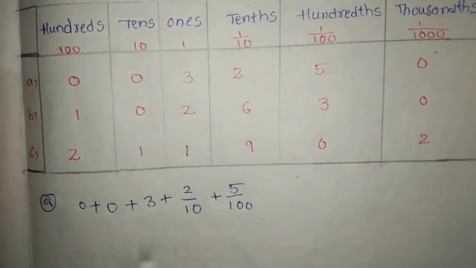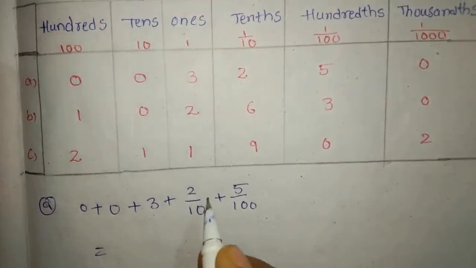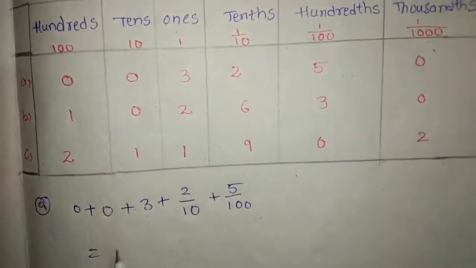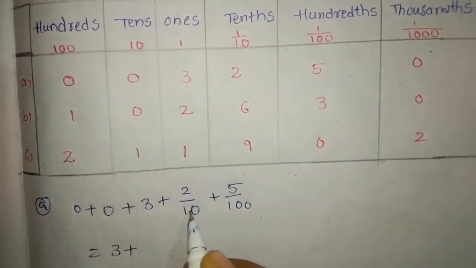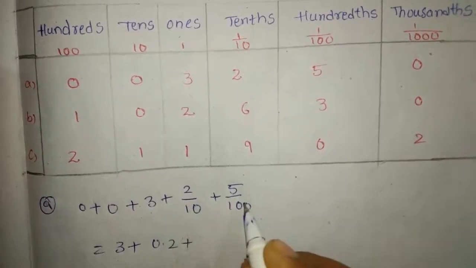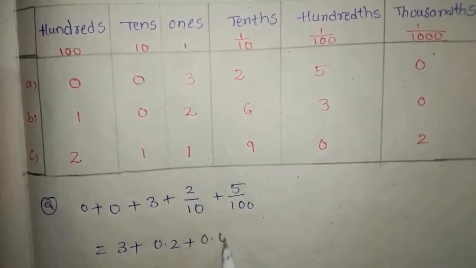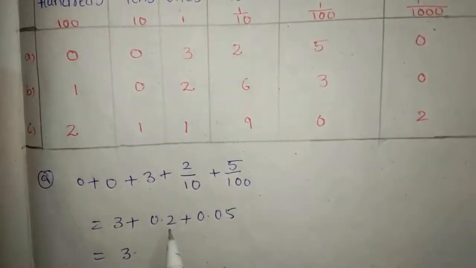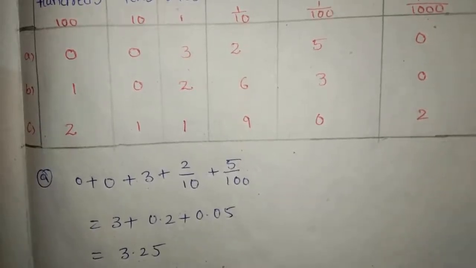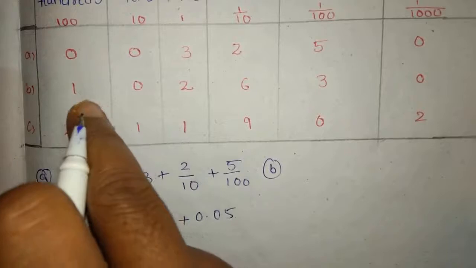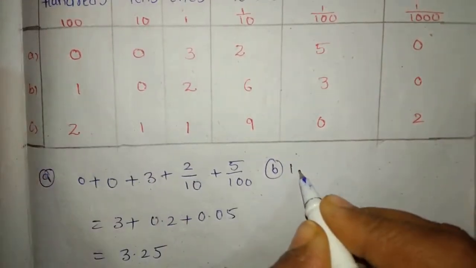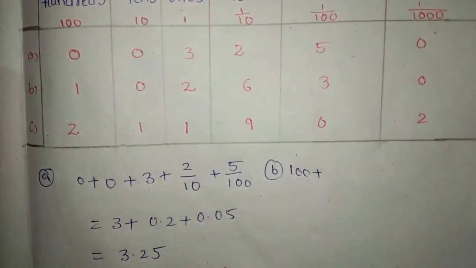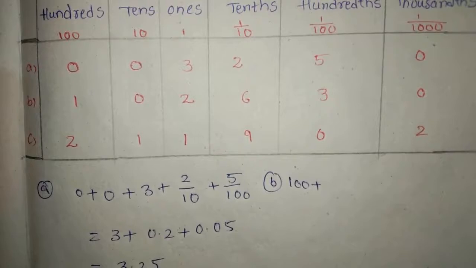So now this can be written as ones place is 3, tenths place is 2, and the hundredths place is 5. 3 plus 0.2 plus 0.05. This is equal to 3.25.